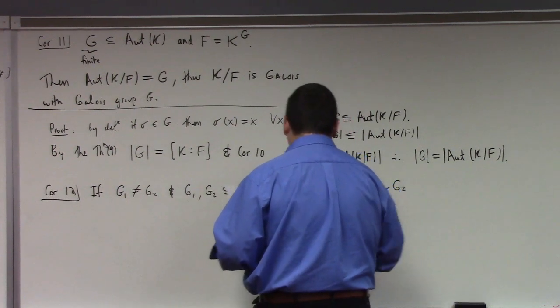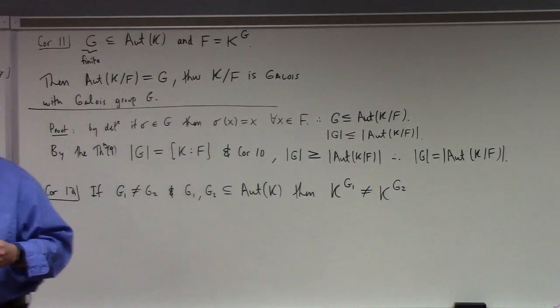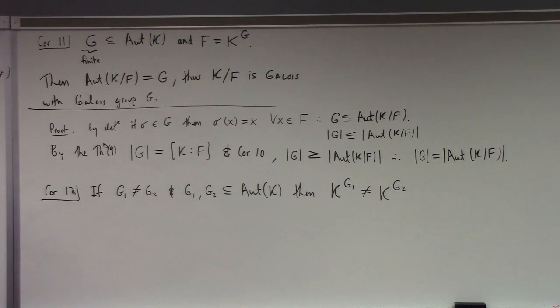So the fixed fields corresponding to subgroups G1 and G2 are also distinct. All right? And the proof is by contradiction in what's given above. Okay, I won't even write it out. What he says now is, by the corollaries above, we see that taking the fixed fields of distinct finite subgroups of automorphisms of K gives distinct subfields of K, over which K is Galois. Further, the degrees of the extensions are given by the orders of the subgroups.